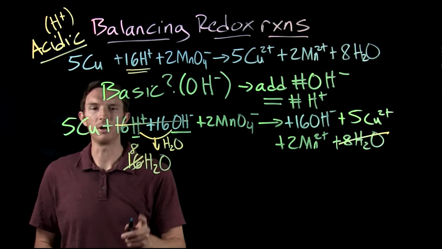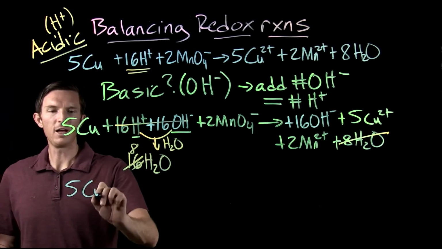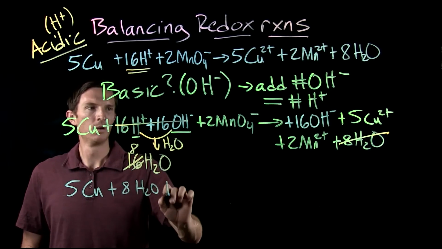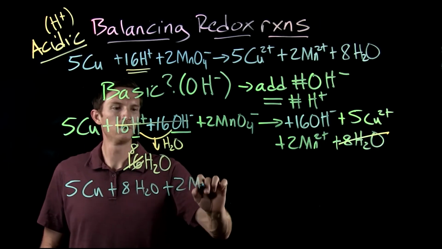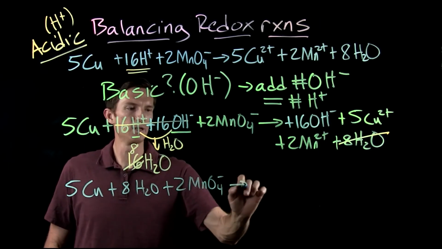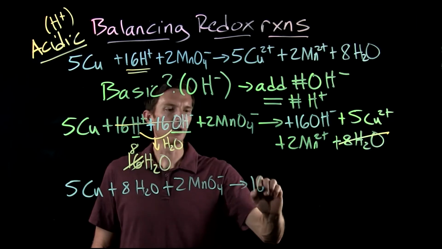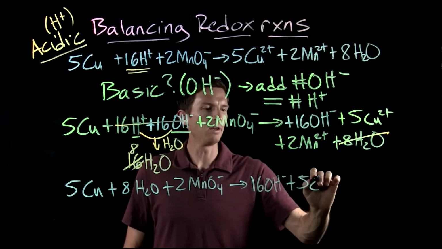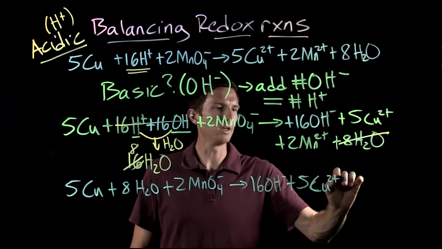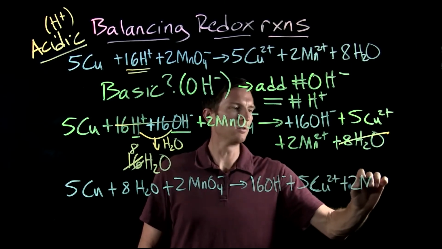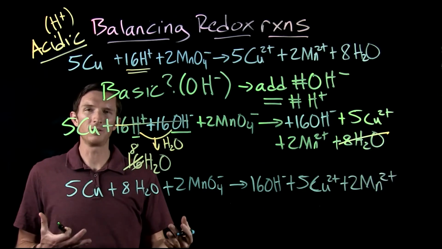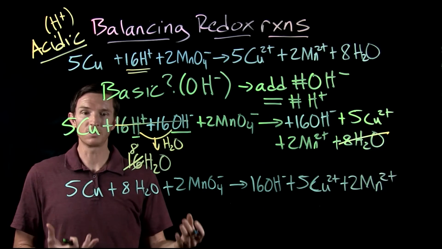And now we end up with our overall equation of 5 copper plus now our 8 water molecules plus our 2 permanganate ions. And that's going to yield our 16 hydroxide ions plus our 5 copper 2+ ions and our 2 manganese 2+ ions. So now we've gone ahead and balanced our reaction in a basic solution.